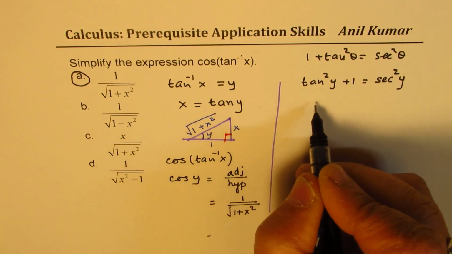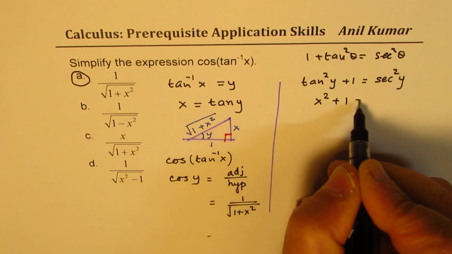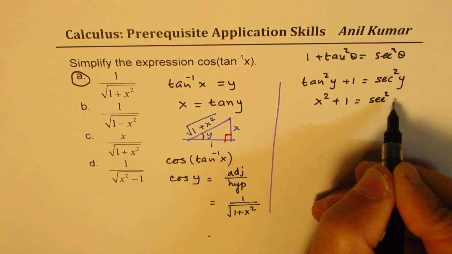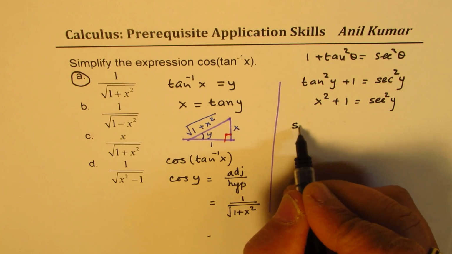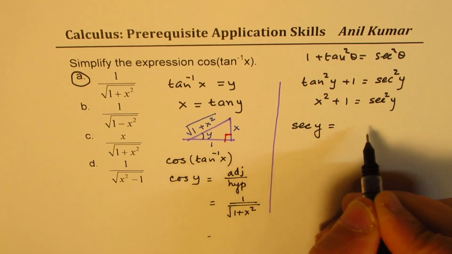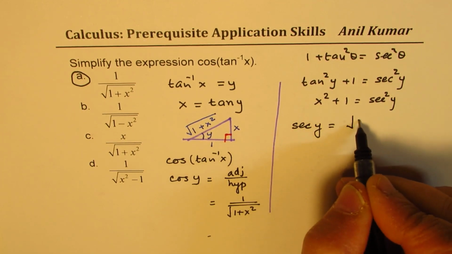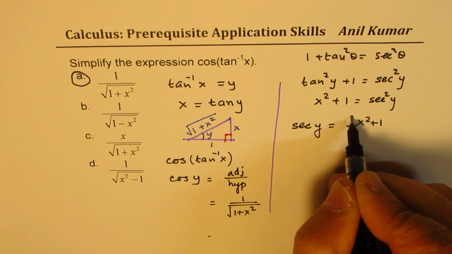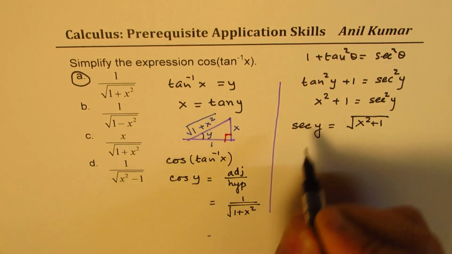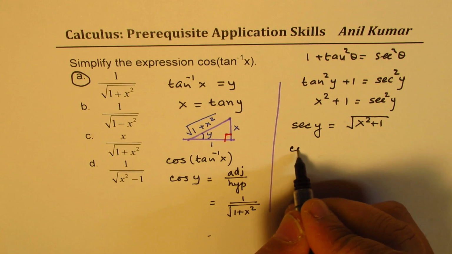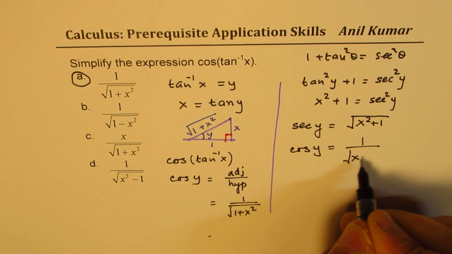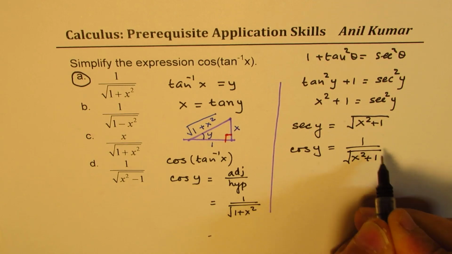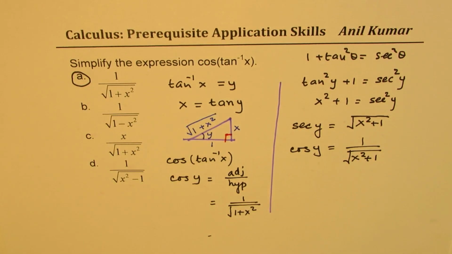Now tan y is x, so x squared plus 1 is secant squared y. So secant y is the square root of this, right? So I can write secant y is equal to square root of x squared plus 1, correct? Now secant is the reciprocal of cosine, so we get cos y equals 1 over square root of x squared plus 1. So we again get option A.